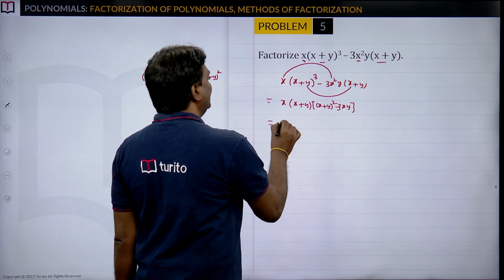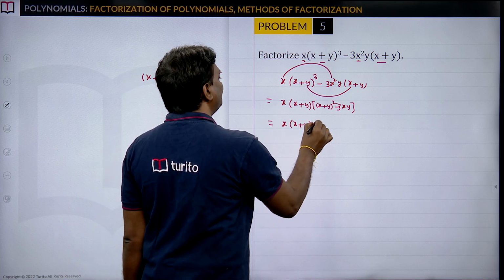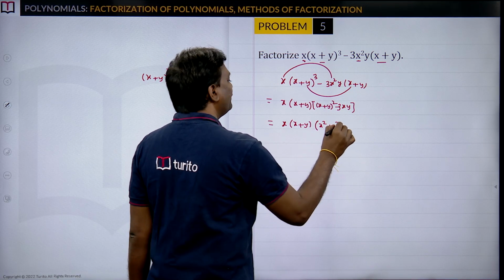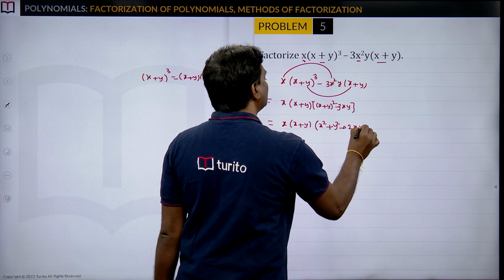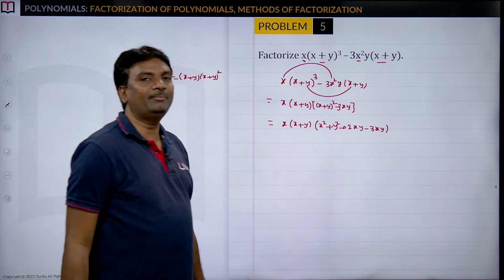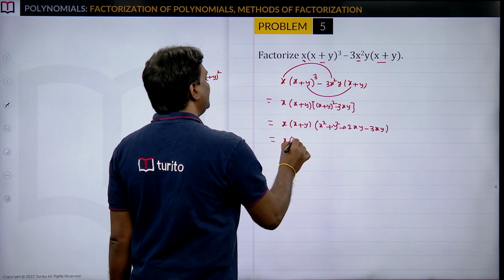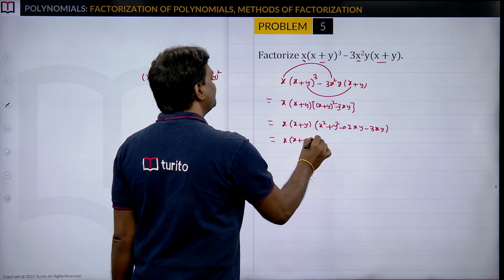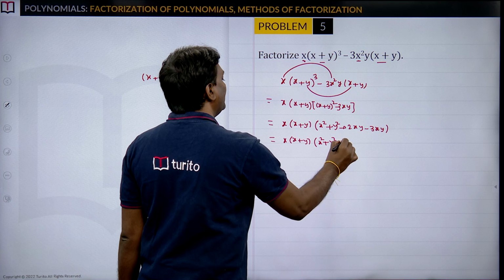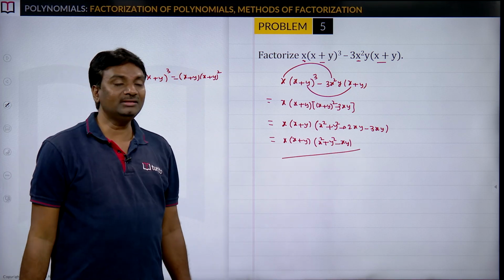By expanding that, you will get x into x plus y into x square plus y square plus 2xy minus 3xy, where 2xy minus 3xy means minus xy. So, x into x plus y into x square plus y square minus xy.